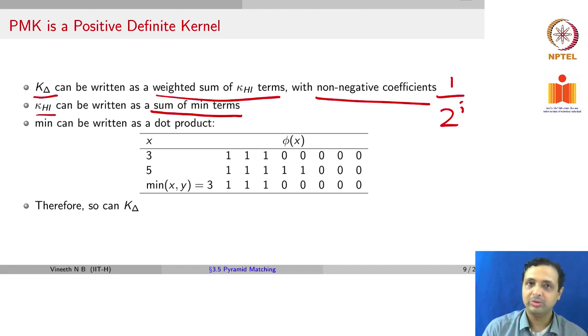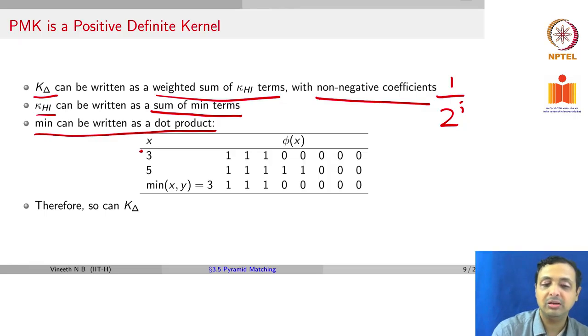Now we know that min can be written as a dot product. How? If you had a number 3 and a number 5, I can write 3 as 1 1 1 for the first 3 values and then 0 0 0 0 0, assuming I can go up to value 8.